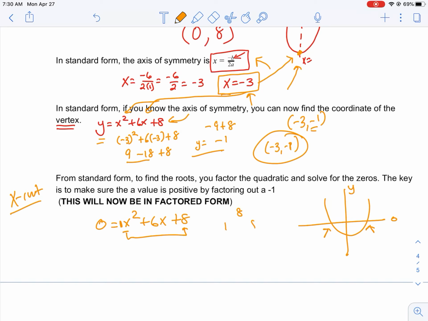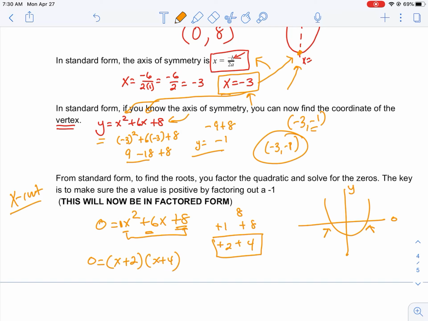List the factors of 1 and 8, 2 and 4. That's an easy one. So the last term is positive, so both the signs are the same. The middle term is positive, so they're both positive. Which pair will give you positive 6? Right here. So we get 0 equals (x plus 2)(x plus 4).